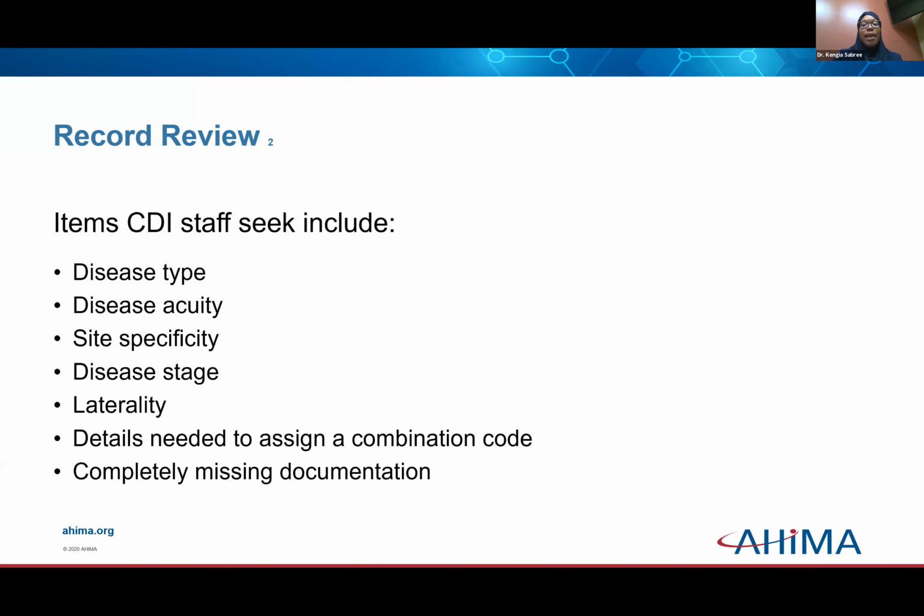I mentioned details needed for that combination code because many diseases and conditions are related and could be communicated with one code instead of multiple if specified as related in the documentation, such as diabetic complications, while others can be assumed related unless specified otherwise, like hypertension and kidney disease.